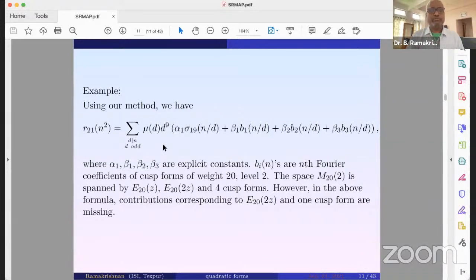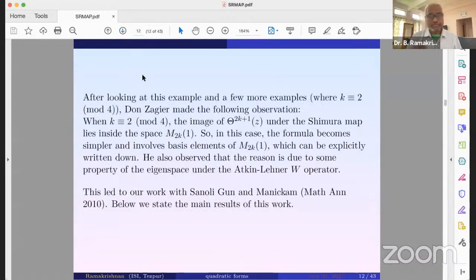But not only this one, in a few more cases, similar vanishing of the terms on the right hand side happened. So we didn't know why it is happening. When Savonli visited Norway for a conference, I think she showed it to Dan Zagier.